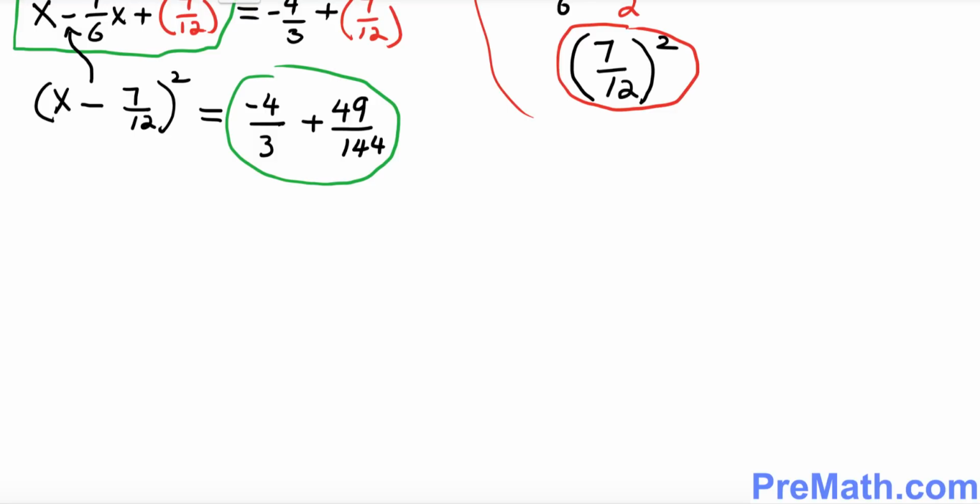Now I want you to simplify these two fractions. Let me show you an easy way. -4 over 3 plus 49 over 144.